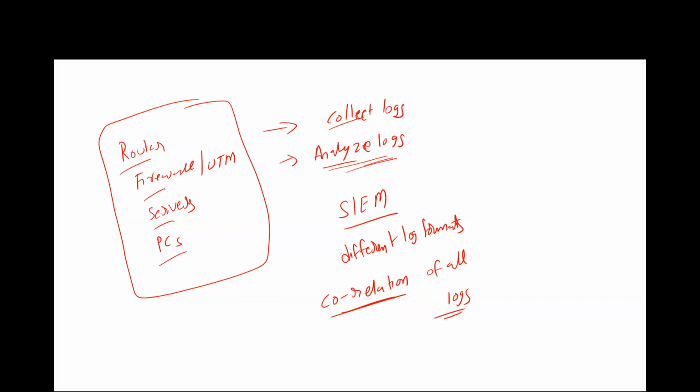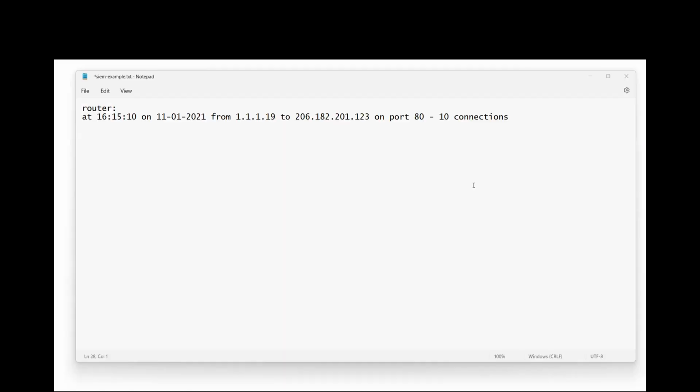Let me give you an example of what correlation is. You are able to view my notepad application, right? Here, this message is the log given by the router.